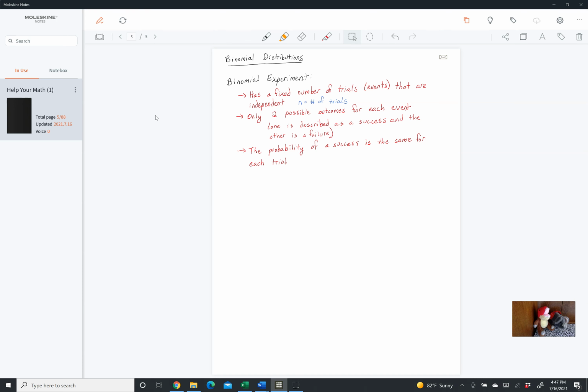And the last thing is that the random variable, which is x, represents the number of successes. And I'm going to put the x in blue because, again, it's a variable that we're talking about.